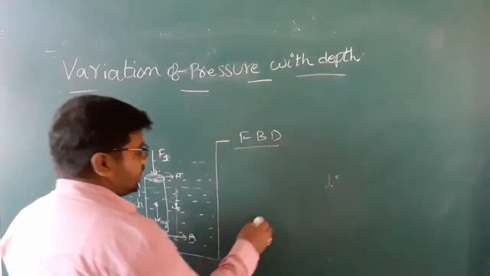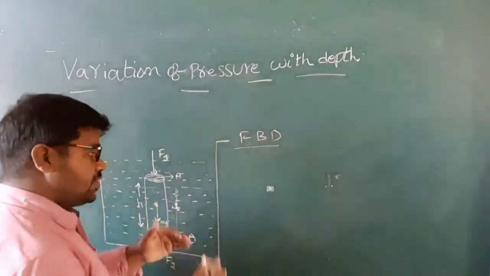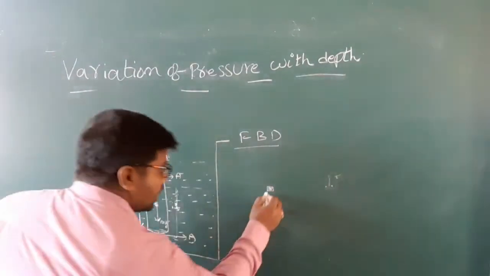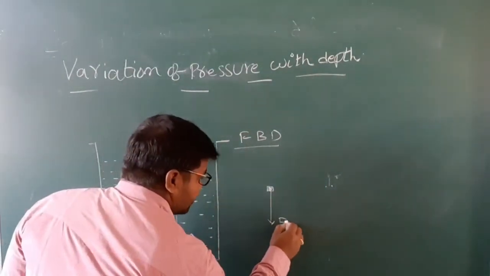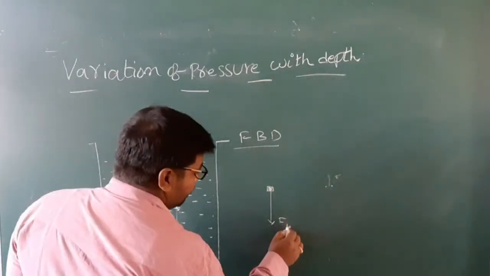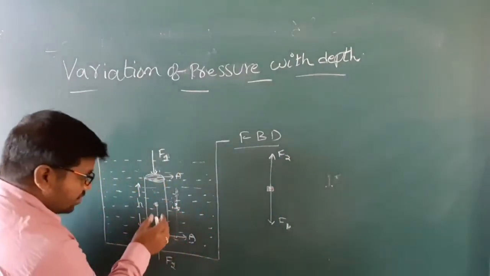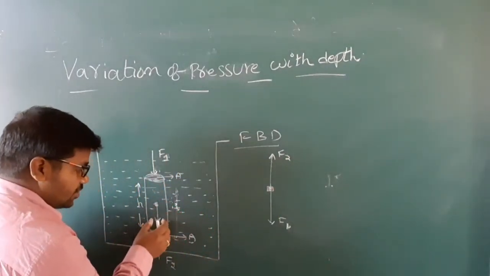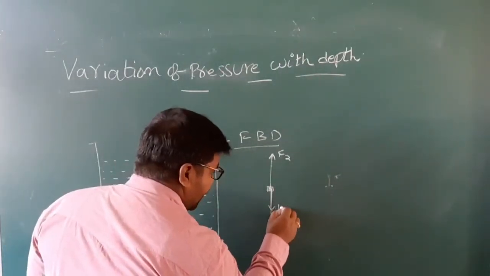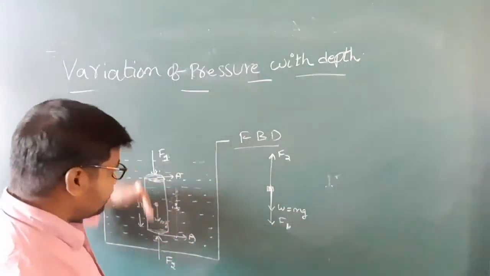Consider this object like a point object. F1 acts in the downward direction, F2 acts upward, and weight is also a force, acting downward.